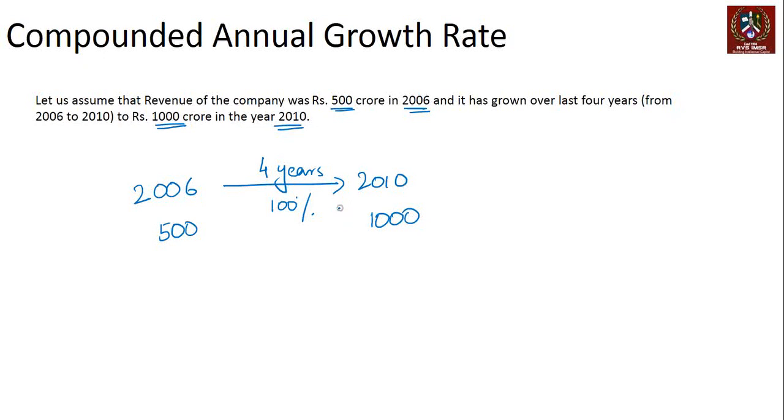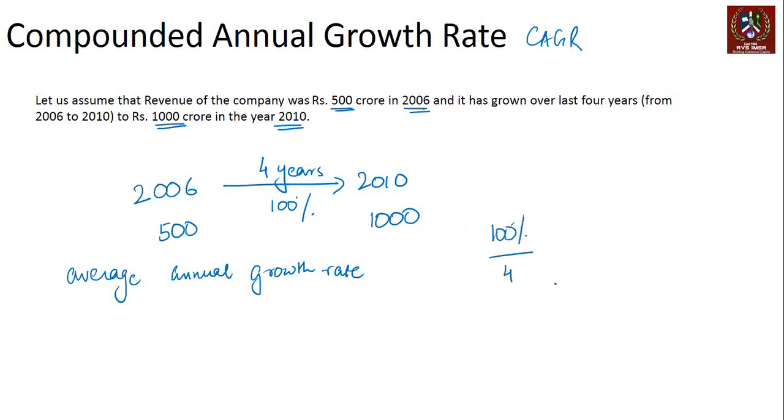However, if we were to try and interpret this growth in terms of what has been the average annual growth rate, then that's what we are trying to find out, what is called the CAGR. Now, one way to look at the average is essentially 100% divided by 4, which is going to be 25%.